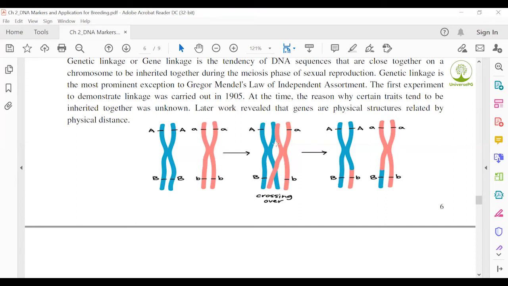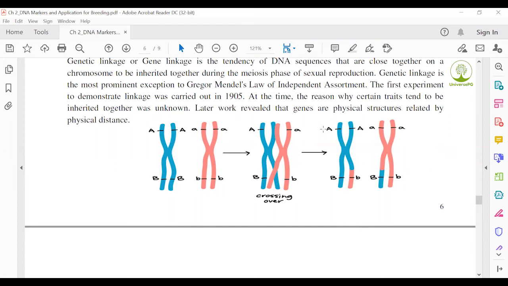After the crossing over, you see when the chromatids of B allele, capital letter B and small letter b, cross, therefore the B gamete is exchanged with the dominant character chromatid, therefore finally exchange an arm with another arm of the chromosome.